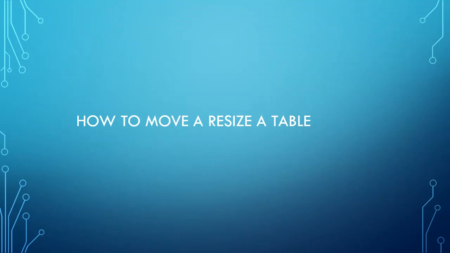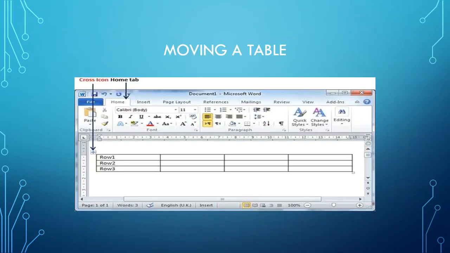Go to page number 21. Over here we have a topic, how to move and resize a table. In Microsoft Office, you can easily move a table. All you have to do is click on the table. You will notice a small plus sign at the top left corner.